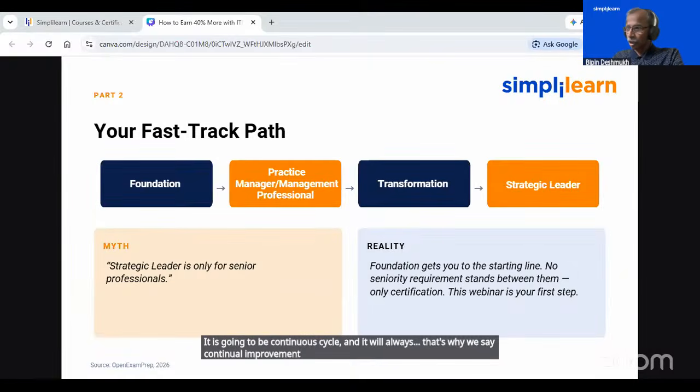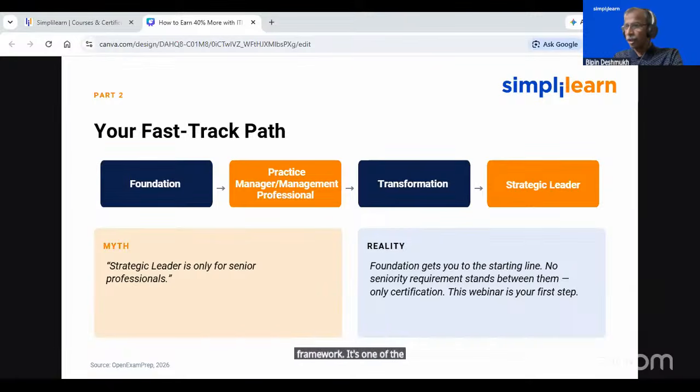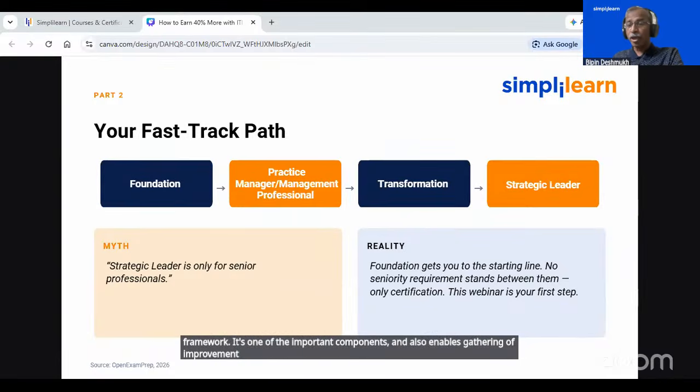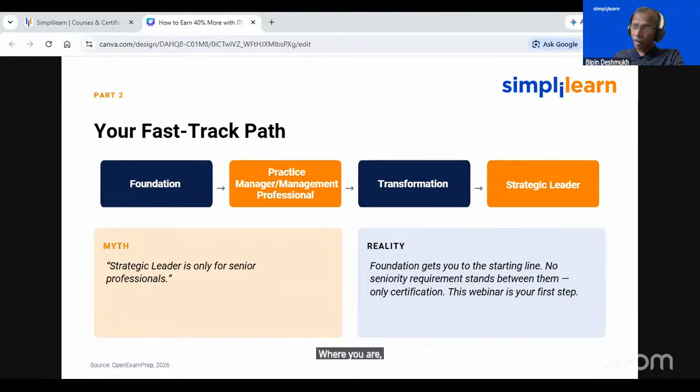None of the project management methodologies talk about continual improvement, but continual improvement is a very critical aspect of the ITIL 4 framework. It's one of the important components and also enables gathering of improvement opportunities across various platforms, not only from within the organization, but also from customers, partners and suppliers, digital product vendors, and also from regulators, where you are complying with their processes.